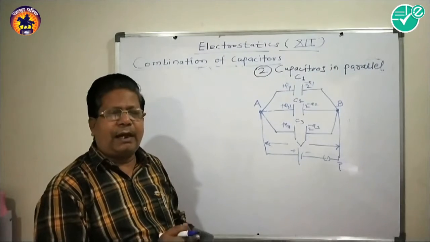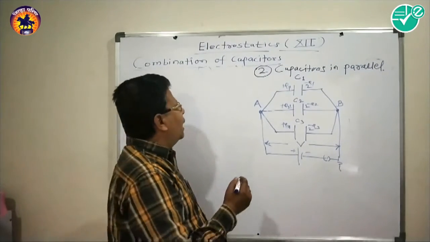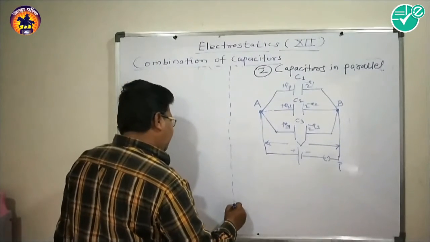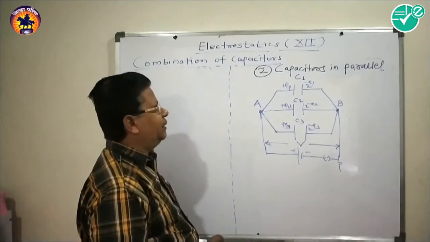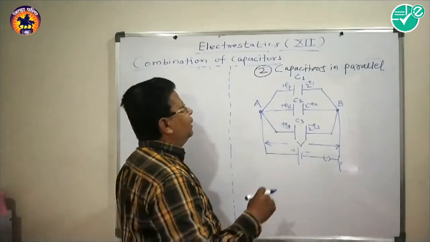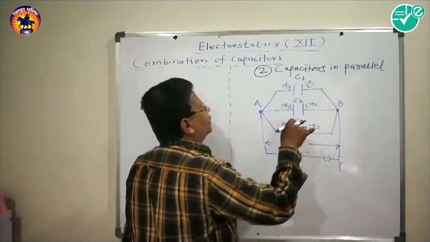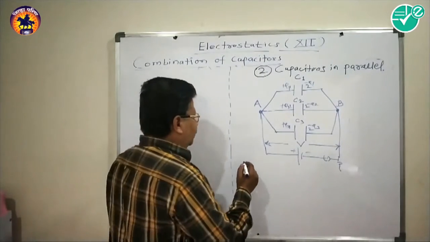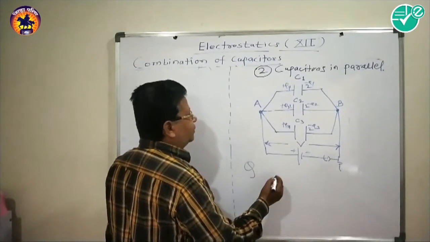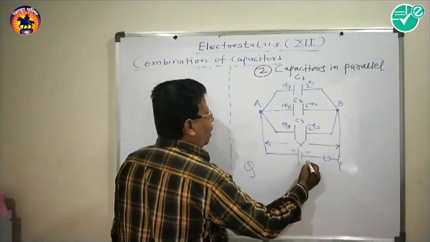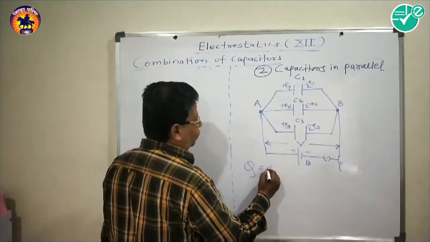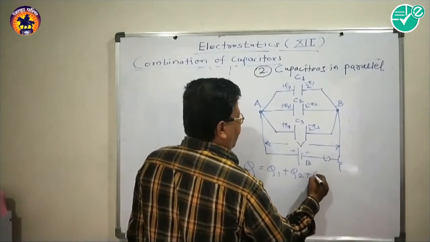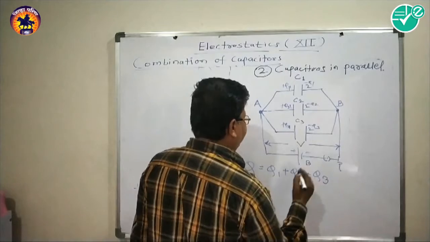Now, when a number of capacitors are connected in parallel, here for simplicity we have considered three capacitors connected in parallel, then the total charge supplied by the battery or the cell is equal to the sum of the charges on the three capacitors.